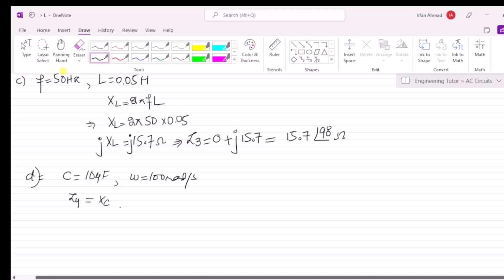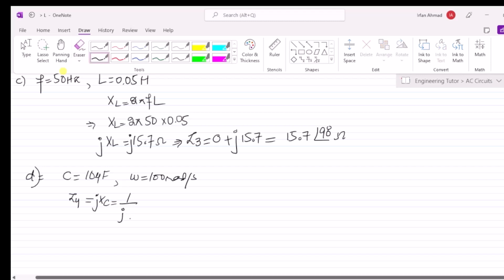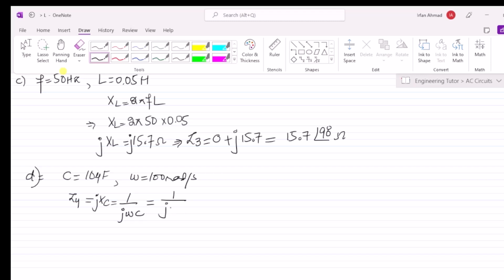Let me call it Z4, and Z4 is equal to the XC, sorry, not the j XC, but that would be 1 over j omega C. Writing values here, 1 over j into 10 into 10 raised to power minus 5 into 100.